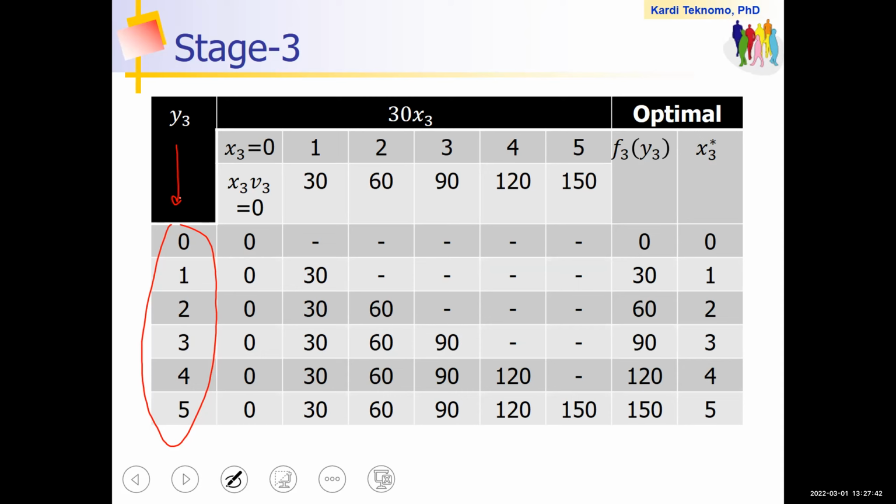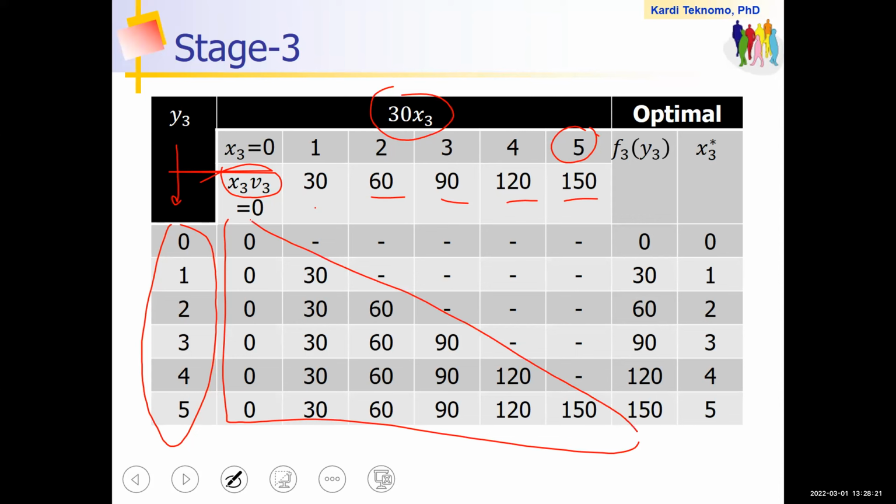We multiply x3 times v3. So you will get 0, 30, 60, 90, 120, 150, right? Do you know how to get this? This is the x3 multiplied by 30. Then you check that this is not supposed to go beyond that. So then you create this table.